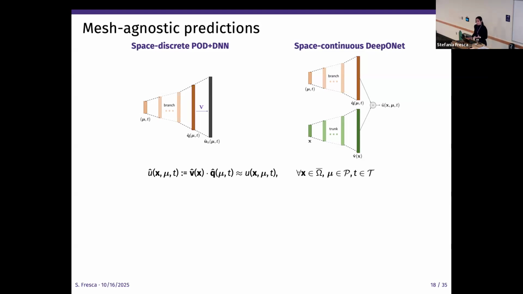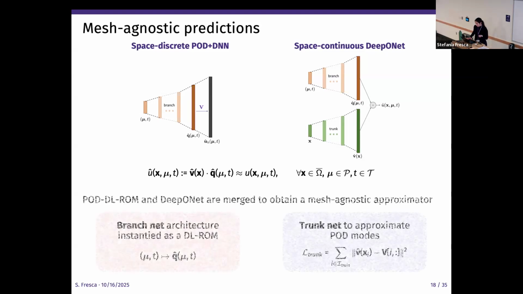In order to build such a mesh-agnostic approximator, what we did at this point was to merge POD DL-ROM with DeepONet. In particular, the branch net architecture is instantiated as a DL-ROM, so it provides a set of parameter- and time-dependent coefficients, while the trunk net is constrained to approximate POD modes.